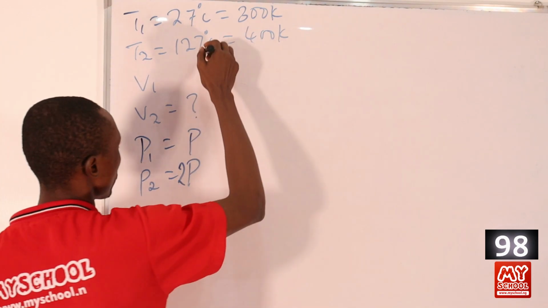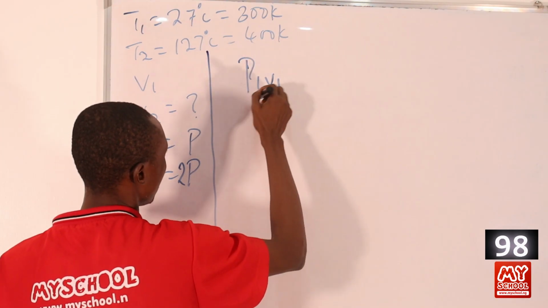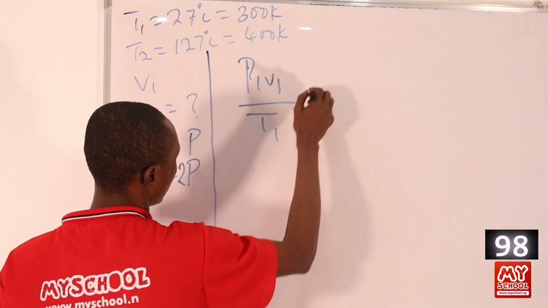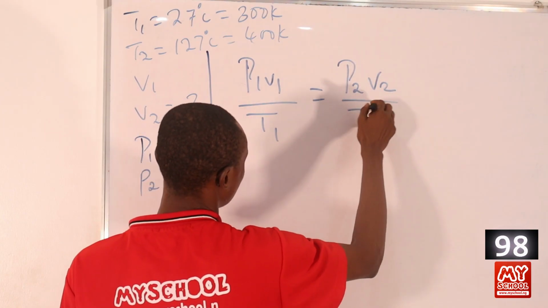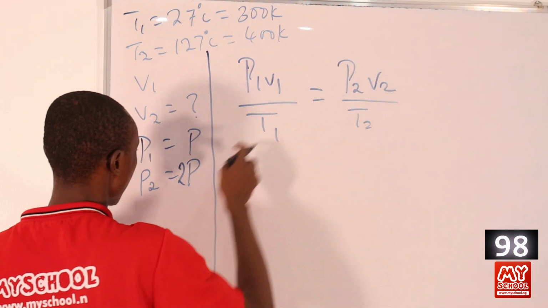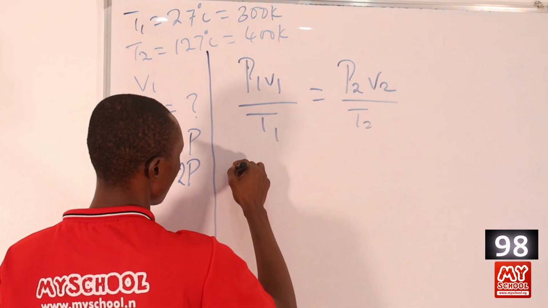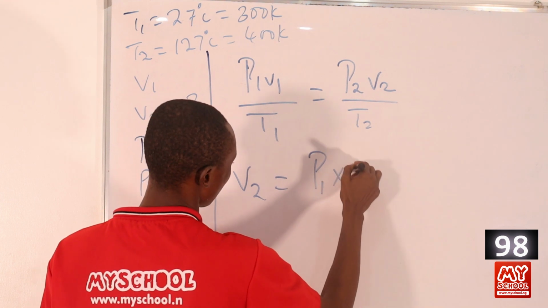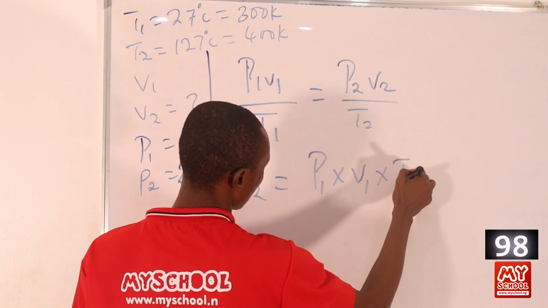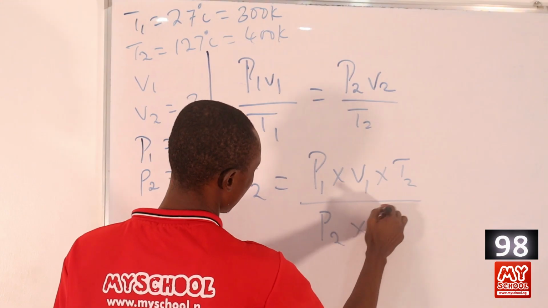Here we are to use the general gas law equation where P1 V1 over T1 is equal to P2 V2 all over T2. Here we are looking for V2, so we make it the subject of the formula, so that V2 is equal to P1 times V1 times T2 all over P2 times T1.